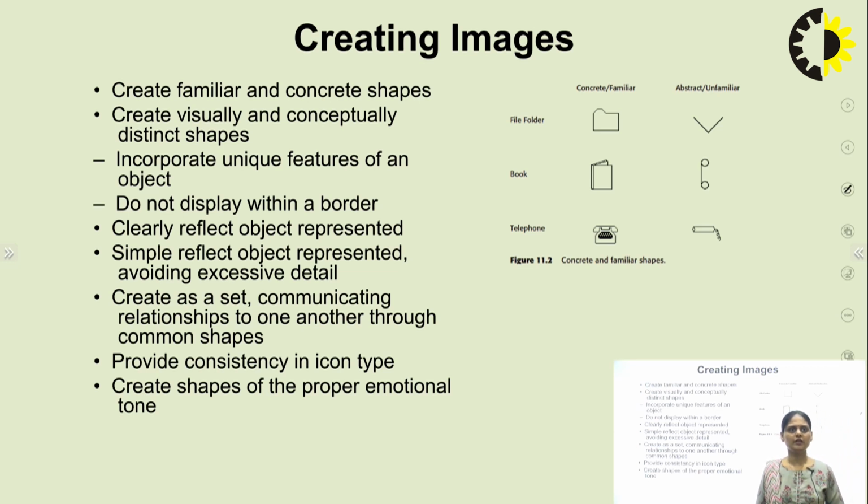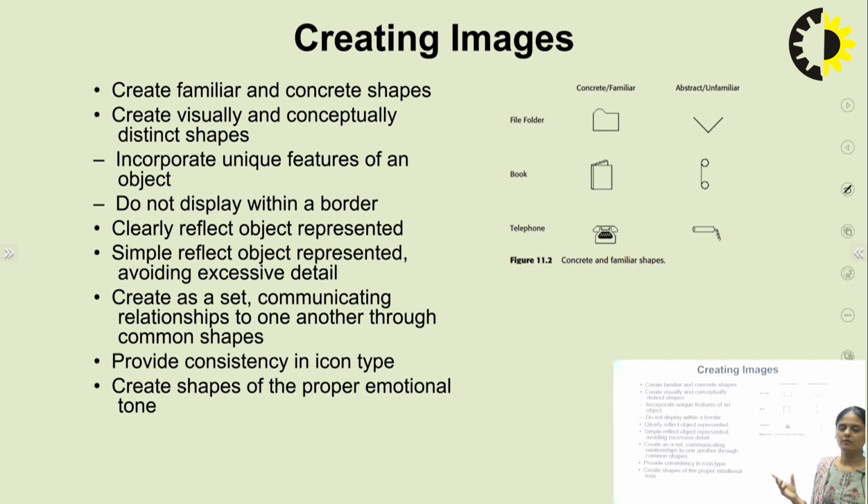Now when we create the images, we can see over here a file, folder, and image: this is a familiar image and this is an unfamiliar image. Which is better? Obviously this one, it indicates that it is a folder, like the MS Word folder. A book represents a real world object like this.